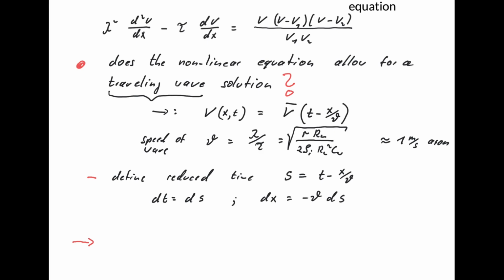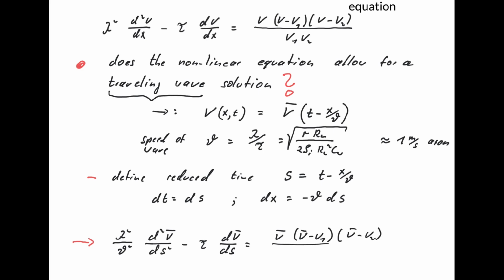We now get a second order differential equation which only depends on this reduced time variable, reading lambda squared divided by theta squared times the second derivative d2v by ds squared minus tau times dv by ds is equal to V times V minus V1 times V minus V2 divided by V1, V2.